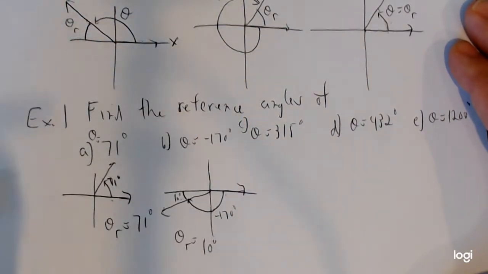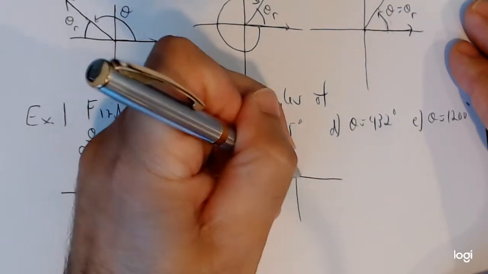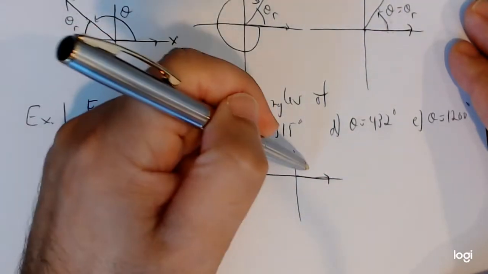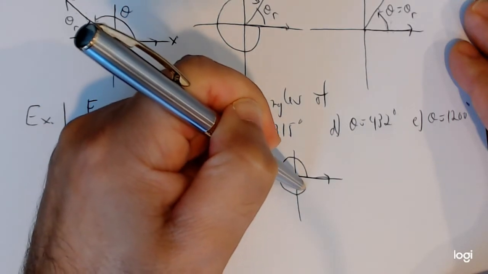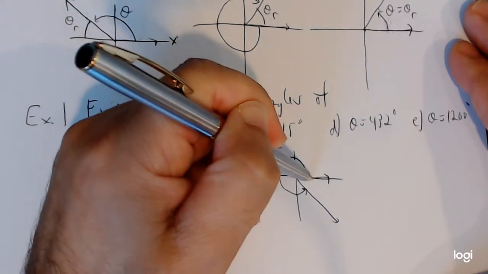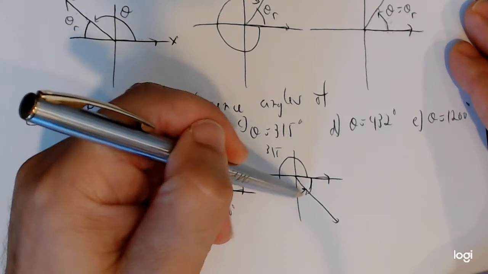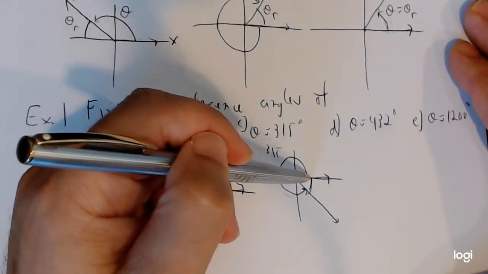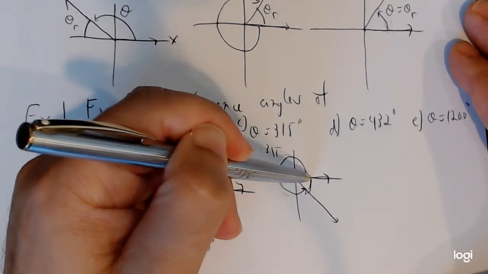So that's 10 degrees. Now let's look at 315 degrees. That's 90, 180, 270. I need to go 45 more, which puts me there. So that's 315 degrees. Now I need to find this angle as my reference angle. A complete circle is 360, but if I take away 315 of it, I'll be left with this much.